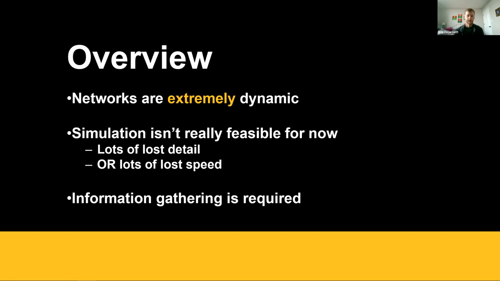And losing detail is obviously not good, because then you're getting an unrealistic picture of the network. And because of the dynamic nature of networks, you have to be able to gather more information. You can't just say, here's a picture of a field 2 years ago, now I want to know what that field is like today. That doesn't work. And that's the same thing with networks. You have to be able to gather new information.